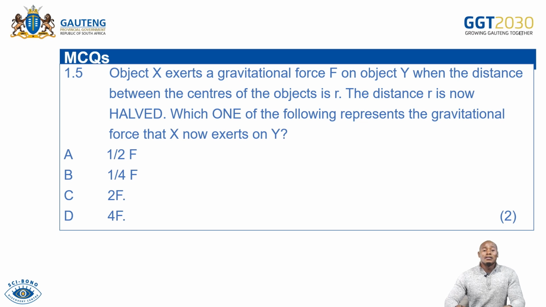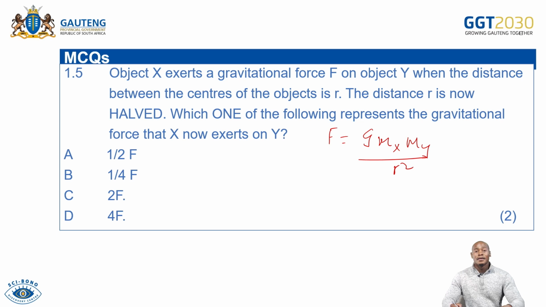This is Newton's law of universal gravitation. Object X exerts a gravitational force F on object Y, right, when the distance between the centers of the objects is R. So the original F is G Mx My over R squared, right?